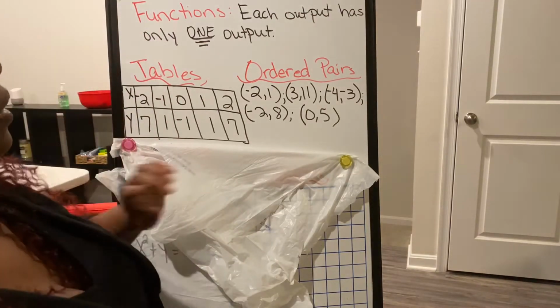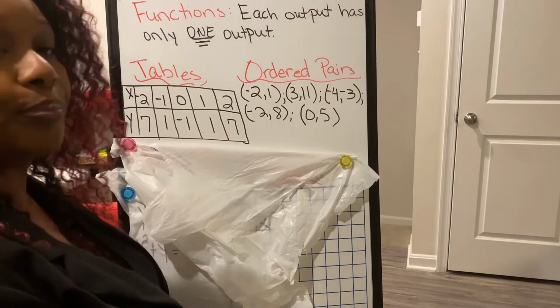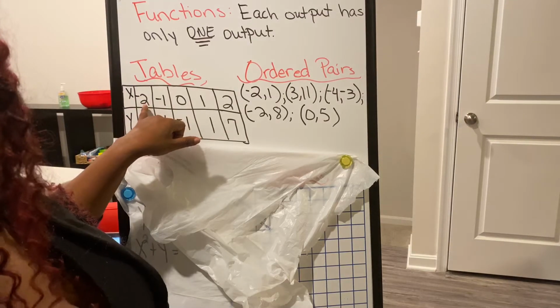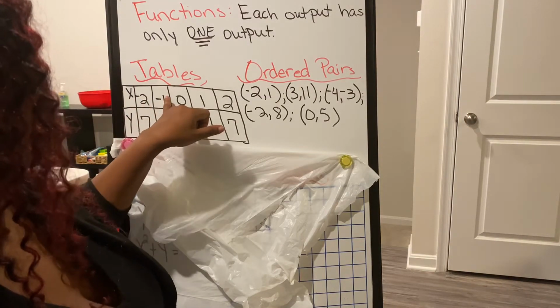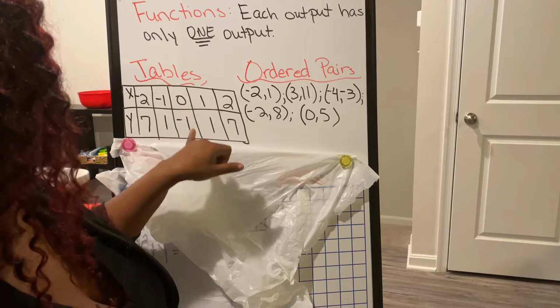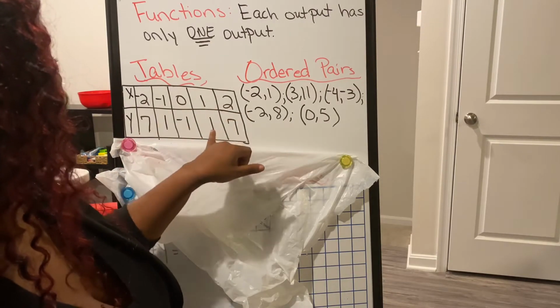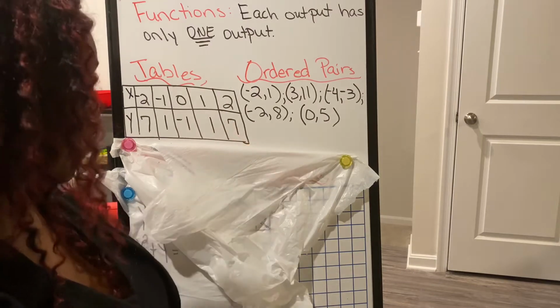All right, so here's our example of a table. We have -2 and 7, -1 and 1, 0 and 1, 1 and 1, 2 and 7.